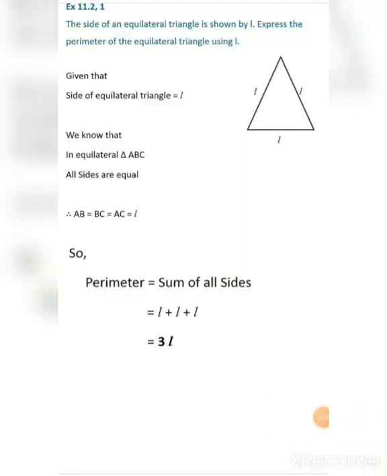It is given that side of equilateral triangle is equal to l, and we know that in equilateral triangle ABC, suppose this is A, B and C, all sides are equal.